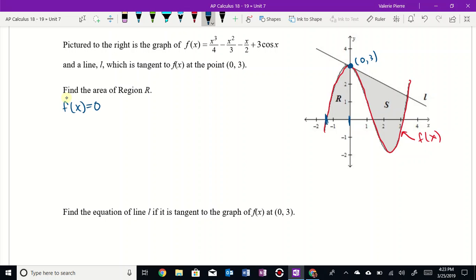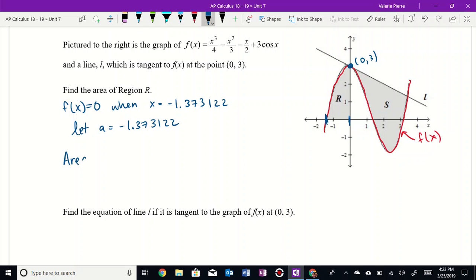F of x equals 0 when, and I did this using a calculator, x is equal to negative 1.373122. Instead of rewriting this number every single time, I'm just going to let the letter A equal negative 1.373122. That way, when I write my definite integral, I don't have to repeat that number over and over again.